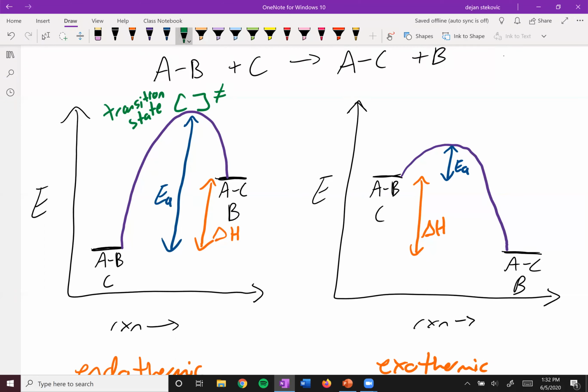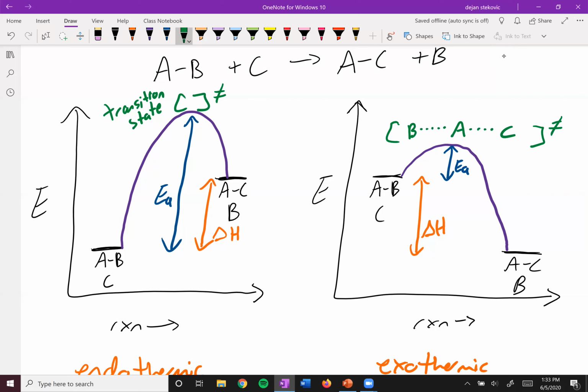And then of course we have a transition state, and we can envision maybe what this transition state looks like, right? We're breaking an A-B bond and forming an A-C bond. So maybe it looks something like this, where these dots represent a bond forming and a bond breaking. A is slamming into C to form a bond with it while simultaneously breaking its bond with B.